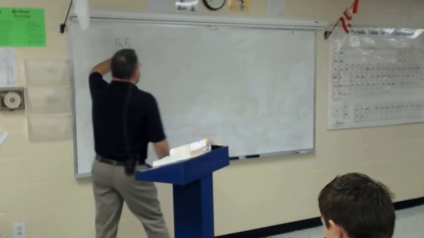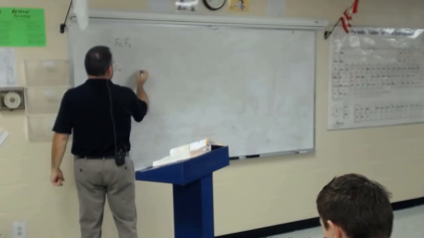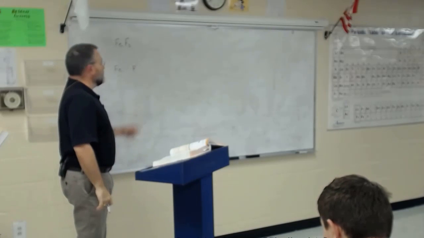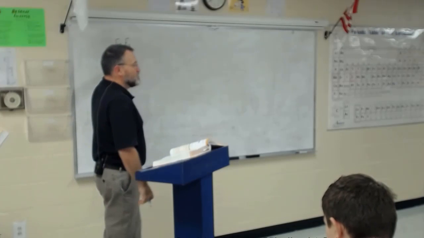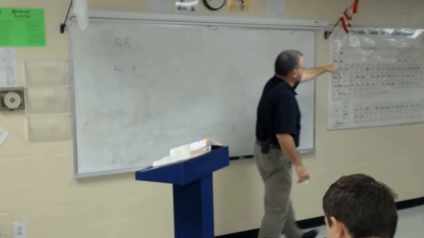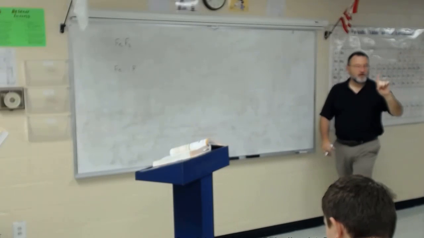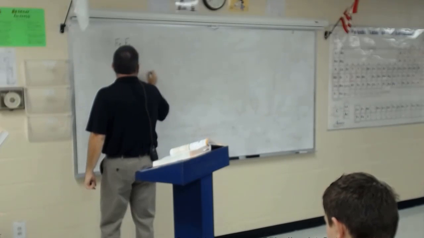We do have iron, and we do have fluorine to form fluoride. We know that the fluorine wants to have what charge? Over here, each one of them wants to have a 1 negative charge, right? 1 negative.